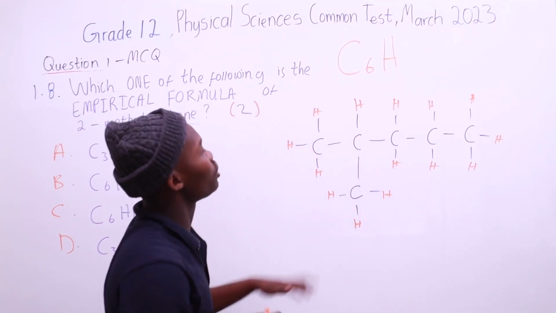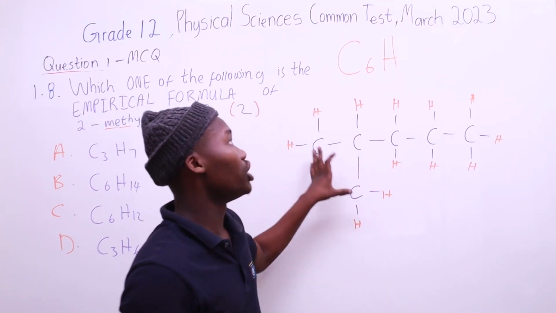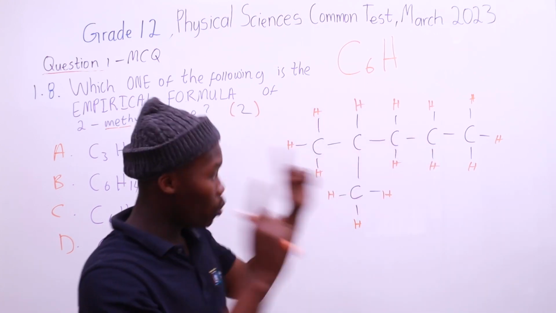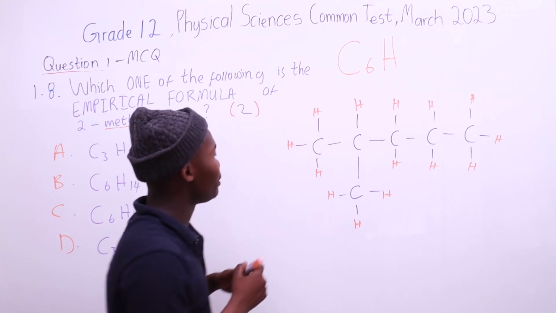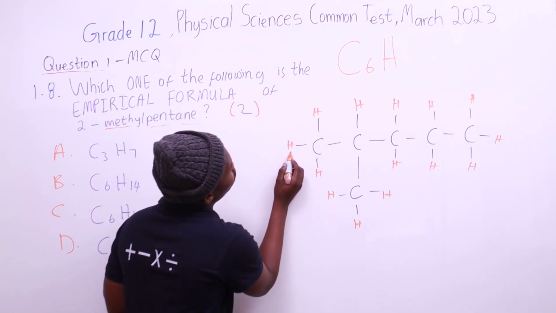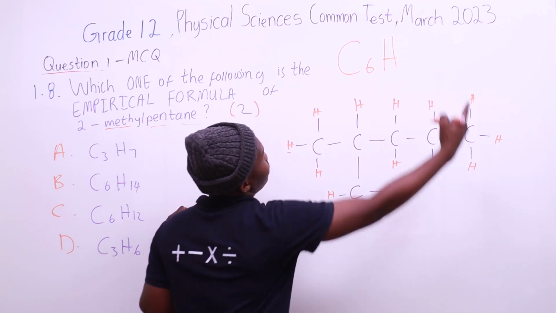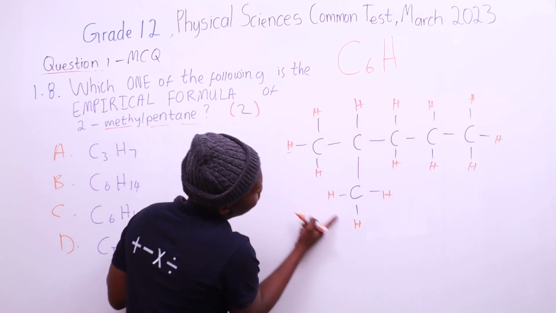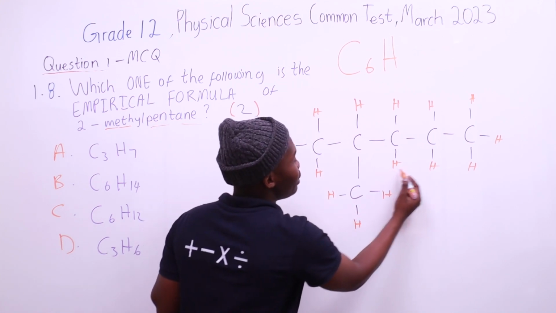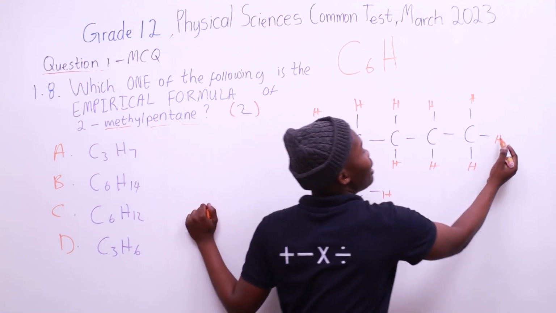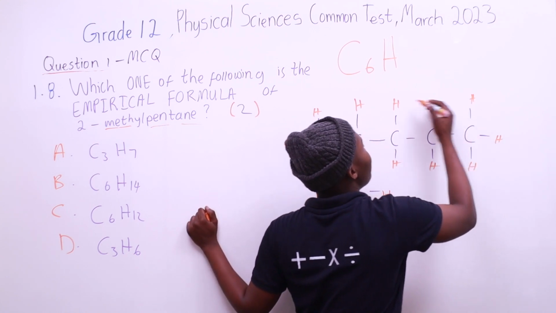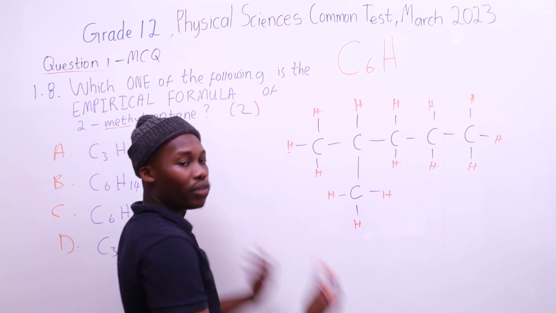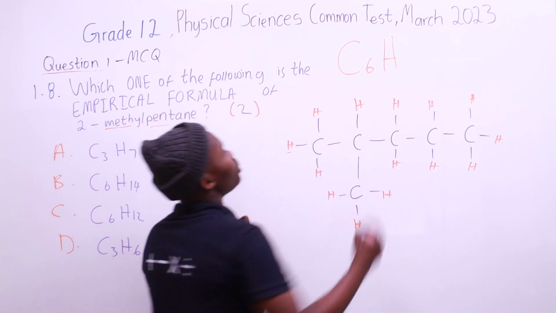Now let's count the hydrogens. We've counted the carbons as 6. Now we count the hydrogens, starting from here: 1, 2, 3, 4, 5, 6, 7, 8, 9, 10, 11, 12, 13, 14. Right? So the hydrogens are 14.